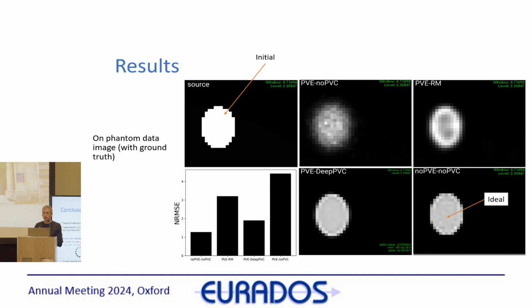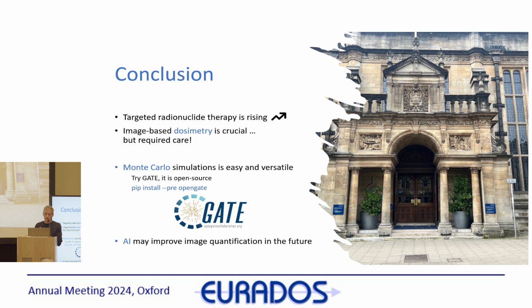Okay, so I conclude. I hope I showed you that targeted radionuclide therapy is rising. It has changed a lot the daily routine in the nuclear medicine department. We think that image-based dosimetry is crucial, but it may require care in order to provide a reliable dosimetry estimate.